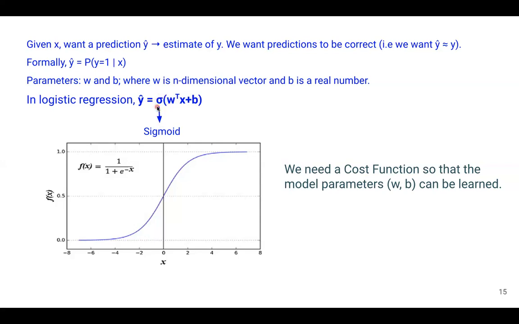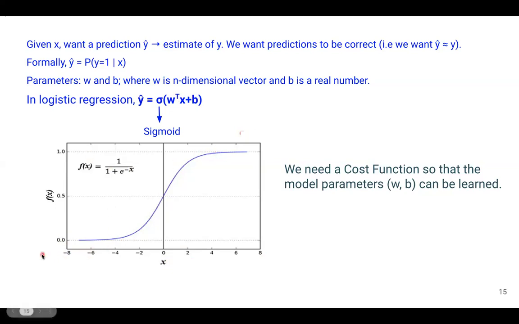So what it finally does is that the predicted output y hat would be a non-linearity or activation function, in this case sigmoid, but there are other possibilities also, applied on this linear thing that is written here, which is parameter matrix multiplied by input features plus a real number. The sigmoid function looks like as it is drawn here. If it is a sigmoid of x, then x is plotted here on the x-axis and sigmoid is plotted on the y-axis.